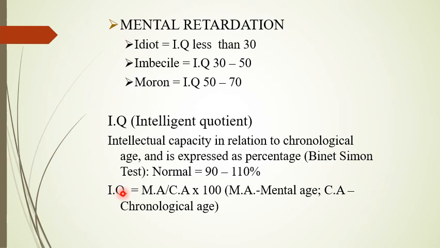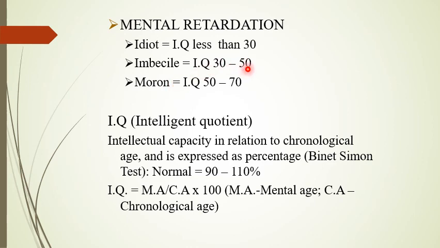After calculating the intelligent quotient of a person, we can classify whether he is having mental retardation, and there are three types of mental retardation. Normally 90 to 70 means feeble minded, and if the IQ is between 70 and 50, we can consider him as a moron, or he is having mild mental retardation.